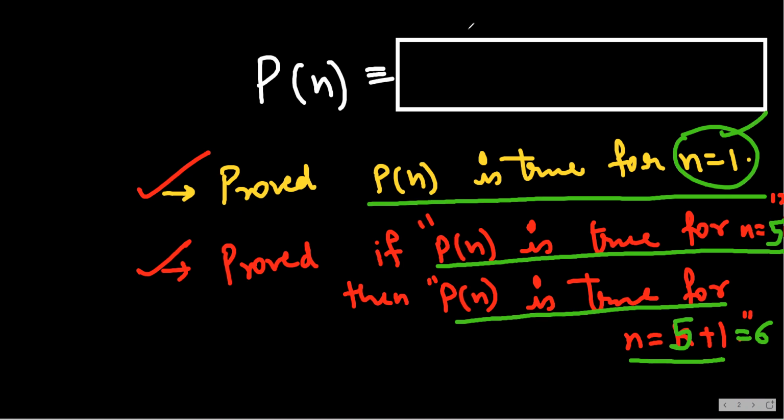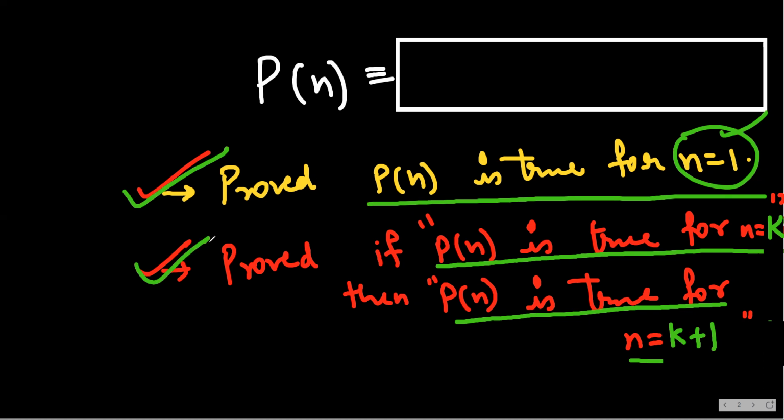You will prove that if P of n is true for n equals k, then P of n is true for n equals k plus 1. And then since you will have proved both, you apply the method of succession.